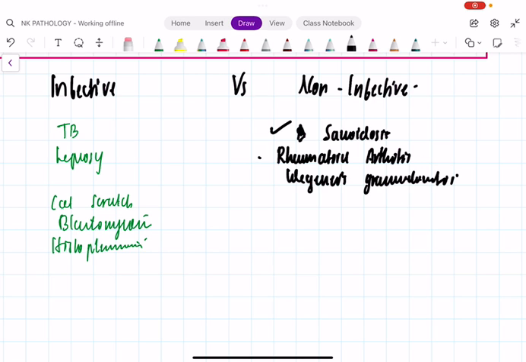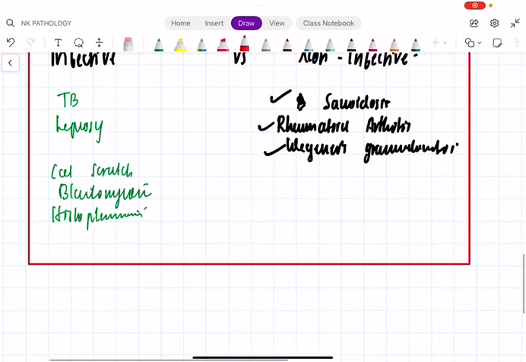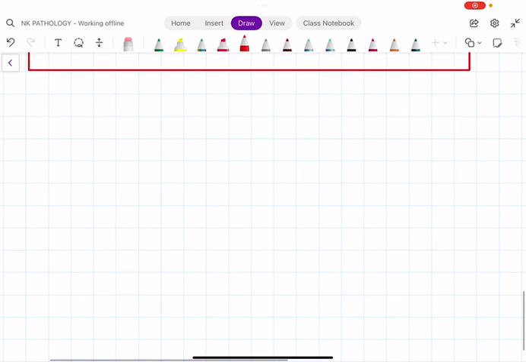Wegener's, sarcoidosis, rheumatoid. So these are some of the infective and non-infective granulomas. Once this is done, we have to discuss the last classification, that is caseating versus non-caseating. Fine?